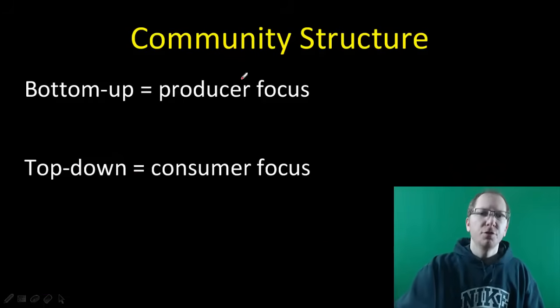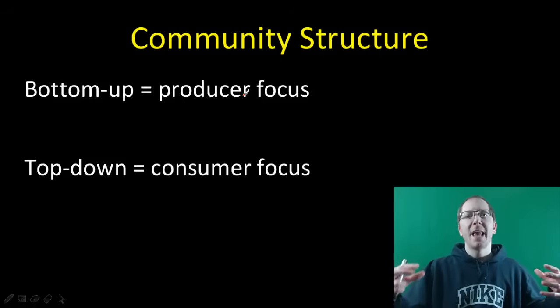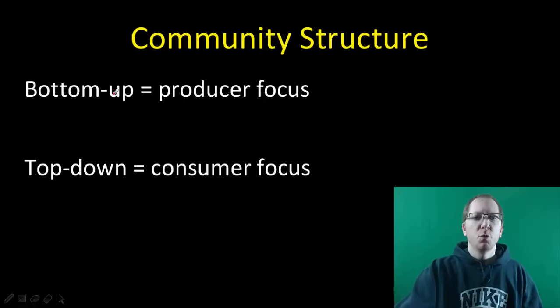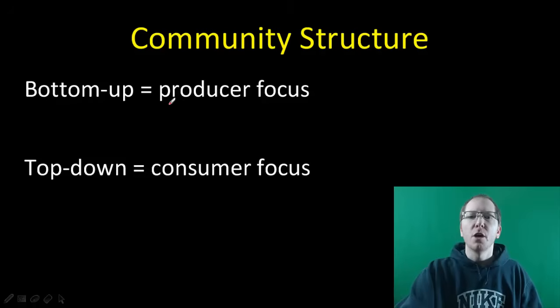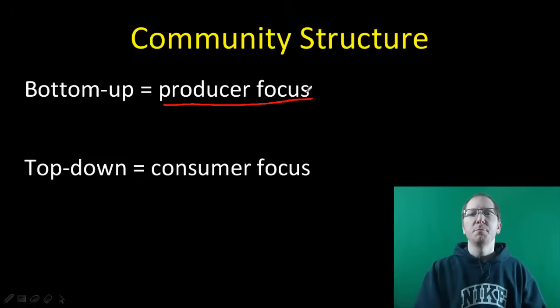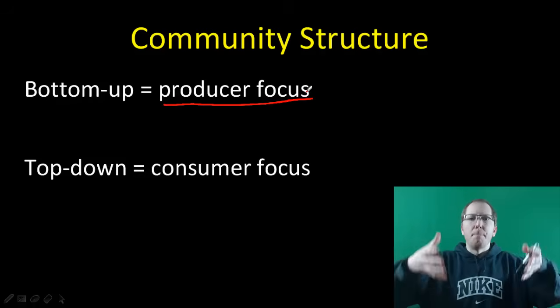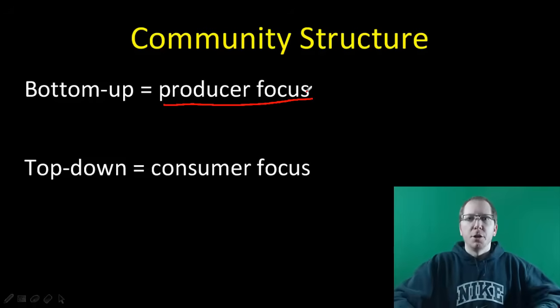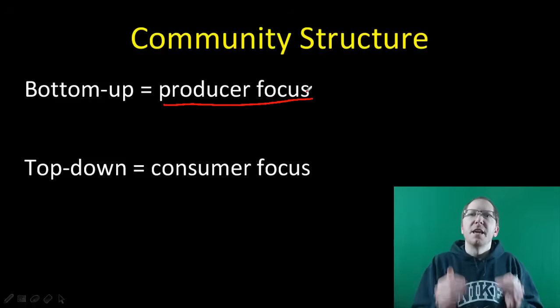Okay, community structures. There's 2 ways we can kind of think about who I'm going to have in a community. The first one's bottom up, so this means I want to look at what producers, I want to look at what species that are plentiful, that are at the bottom of the food pyramid. These producers, because they're providing food for the organisms that are there.